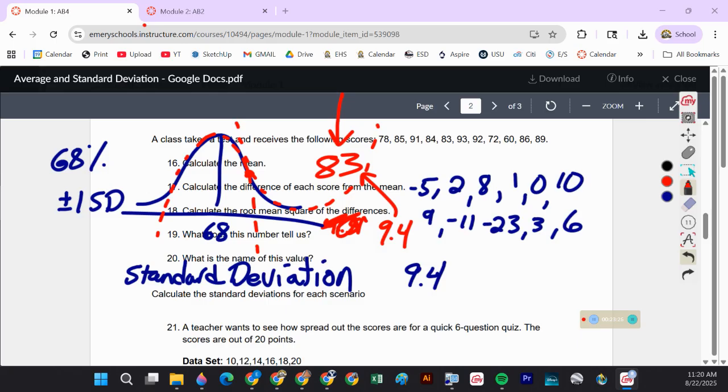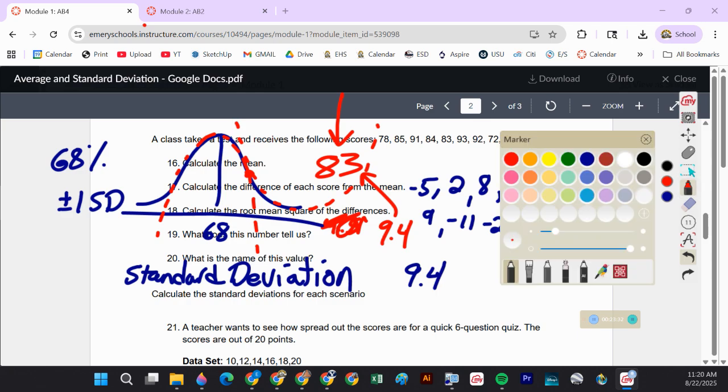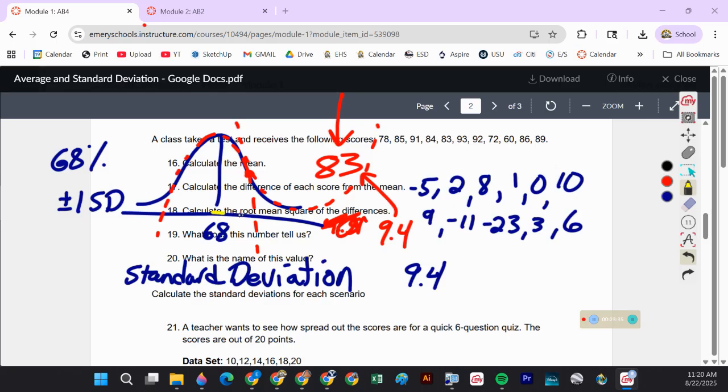And that inflection point is always exactly 1 standard deviation away. So if I go right 1 standard deviation and left 1 standard deviation, 68% of all people are in this window. Now that's only true of normal curves. Okay? If the curve is not normal, then this doesn't hold up.